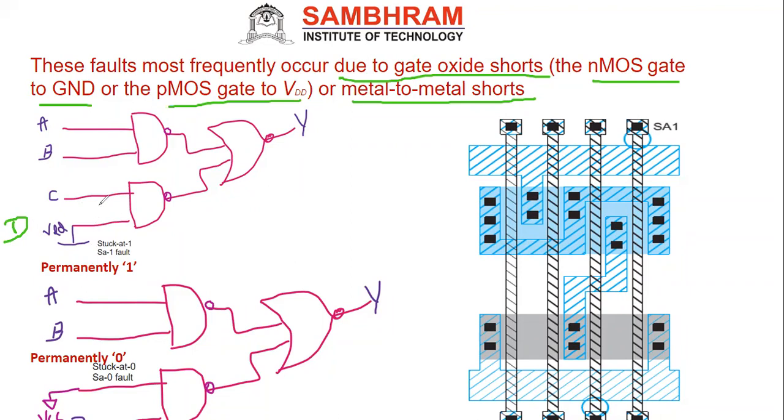If it is permanently 1, then there will be a fault. When I apply inputs 1, 1, 0, 0, what is the expected output I should get? This is a NAND gate, right? For the NAND gate, 1, 1 gives 0, 0, 0 gives 1, then the NOR gate gives 0, 1, 0. This should be your expected output, but I might have got output as 1.